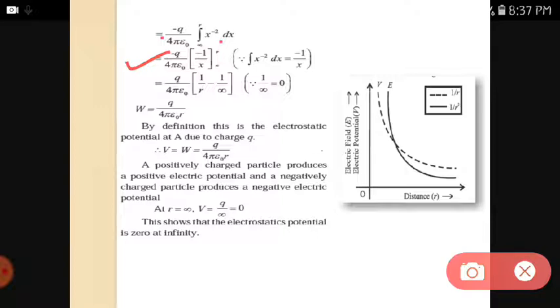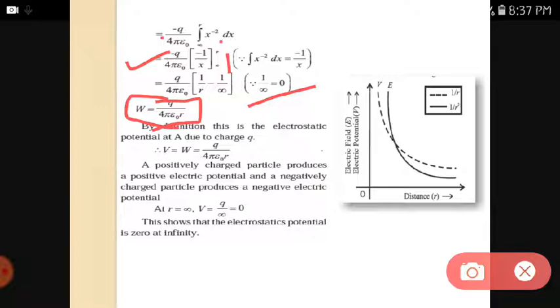By putting in the limits, we get q by 4 pi epsilon 0 times 1 divided by r, which is the upper limit, minus the lower limit, minus 1 by infinity. As 1 by infinity is 0, we get W as q divided by 4 pi epsilon 0 r. By definition, this is the electrostatic potential at A due to charge q. So V is nothing but q by 4 pi epsilon 0 r.